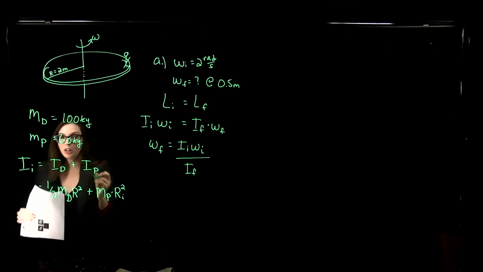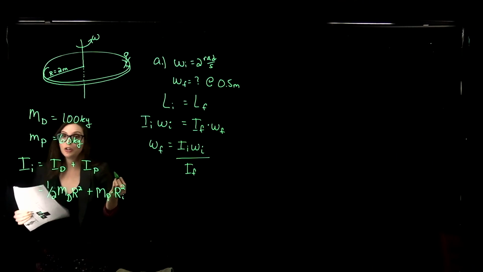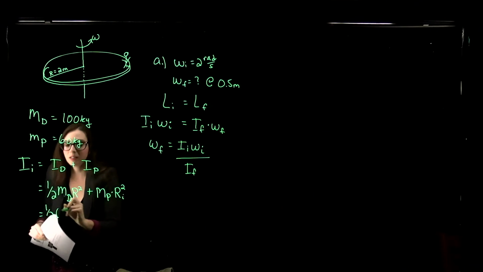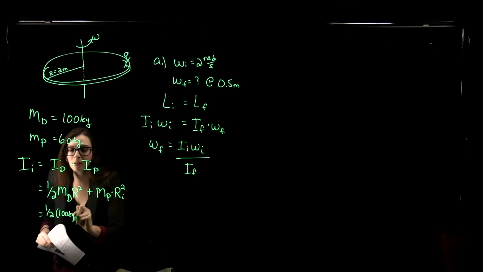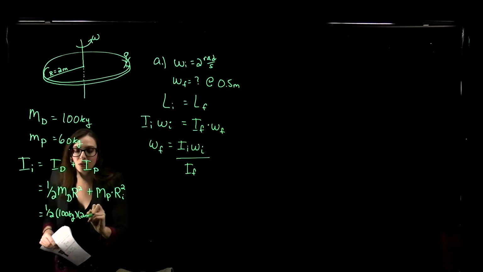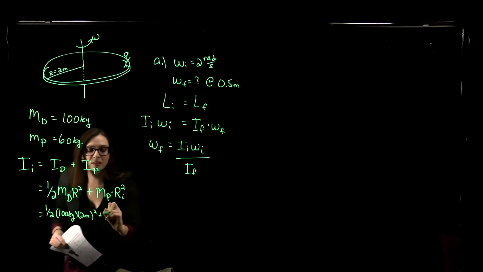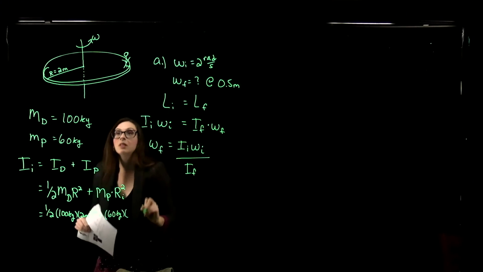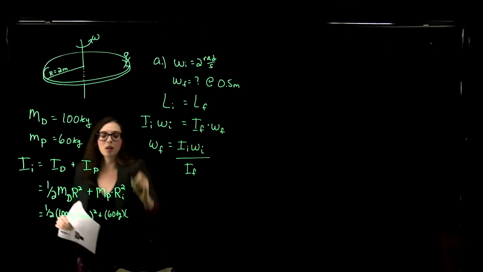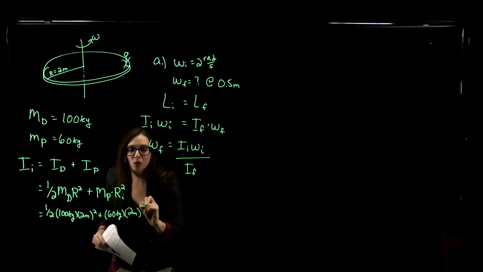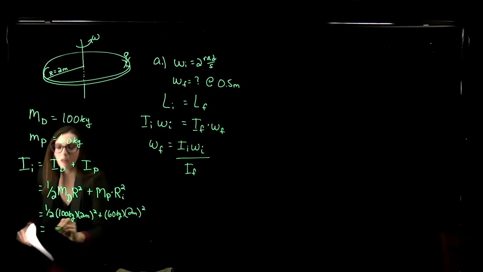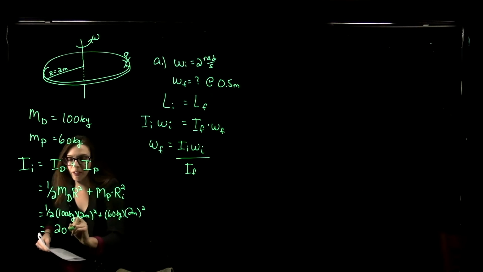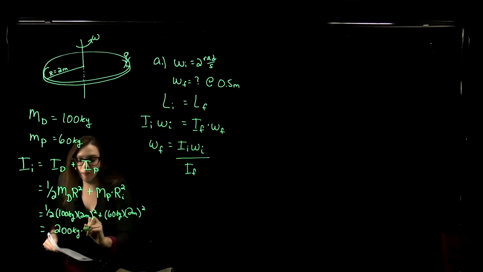So we've got our initial moment of inertia of the system is 1/2 times the mass of the disk, 100 kilograms, times the radius of the disk, 2 meters squared, plus the mass of the person, 60 kilograms, times their distance out here to start with, which was 2 meters squared. Okay, and so then that equals, this first term is 200 kilogram meter squared.